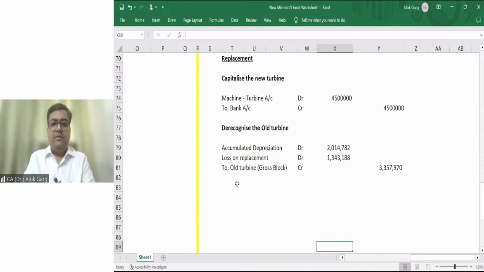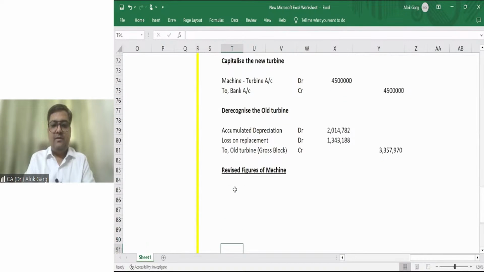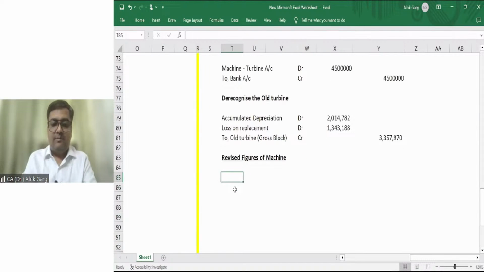Now, revised numbers, revised figures of the machine. What will be the revised figures of the machine? The machine will have the new turbine and the remainder of the machine. So what value will be reflected in your fixed asset register?